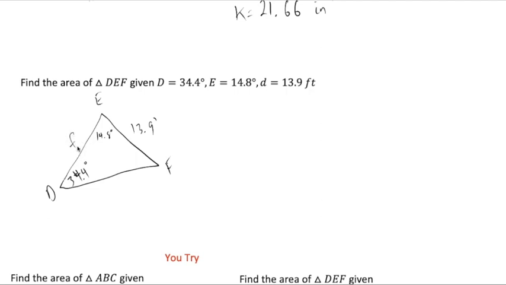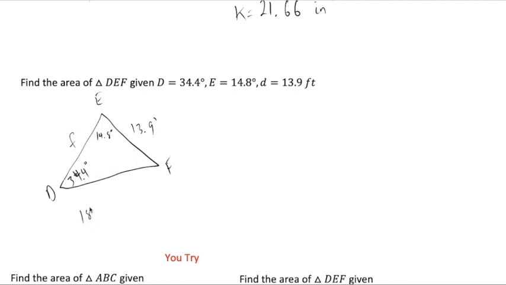To find F, we could do the law of sines because I have this ratio. I have the angle D and side D, so that ratio is completed. I just need to find angle F in order to help me find side F. And I can do that because the sum of the interior angles is going to be 180.